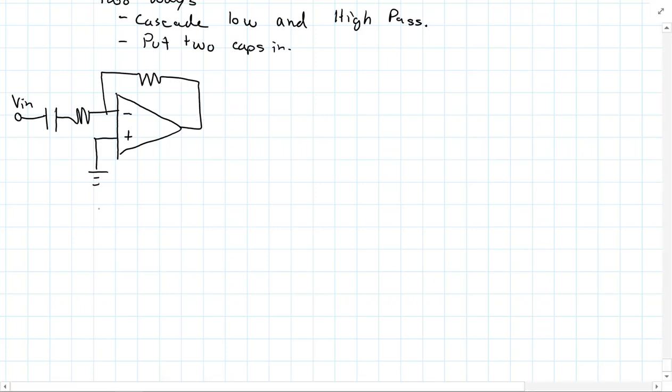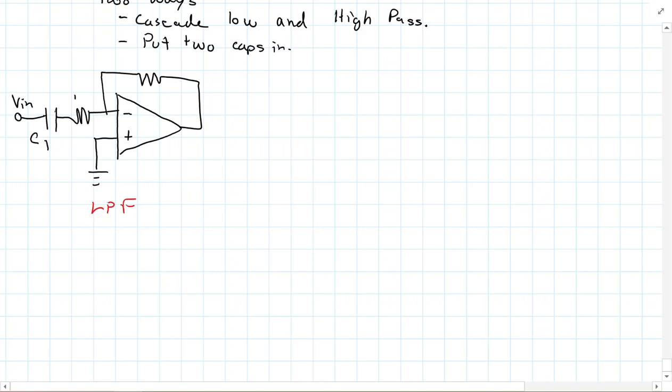So this is my low pass filter. Now, actually, I'm not going to label it C out there. That might get a little confusing.